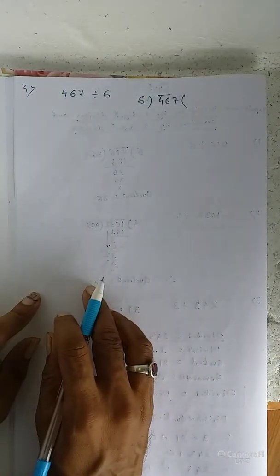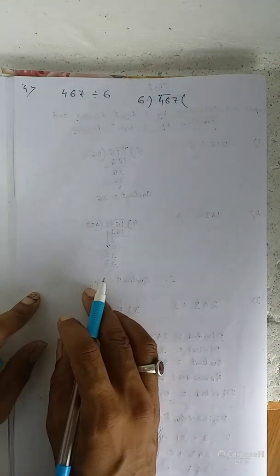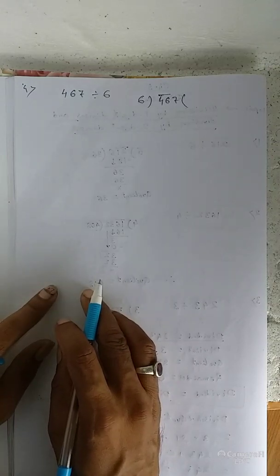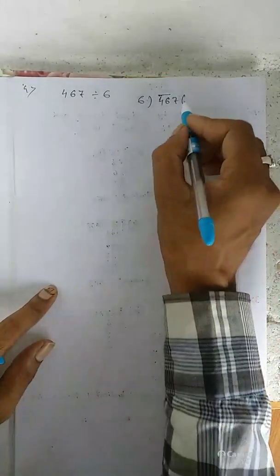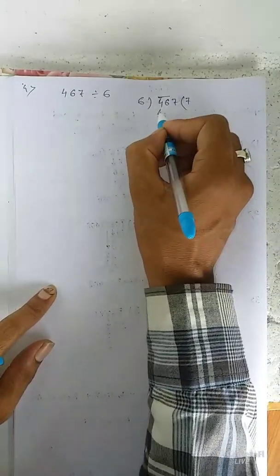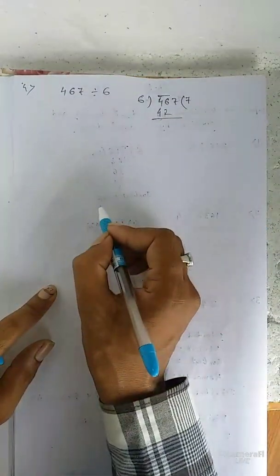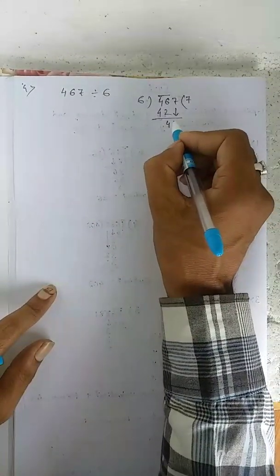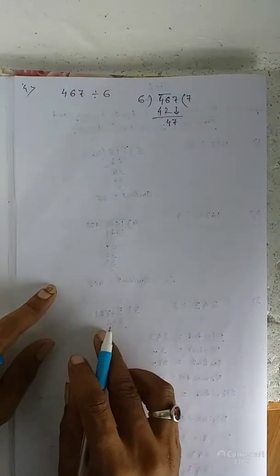Now go through the table of 6. 6 6 is 36, 6 7 is 42, 6 8 is 48. So we will take 7. 6 7 is 42. After subtracting we get 4. Now take the next digit 7, we get 47.